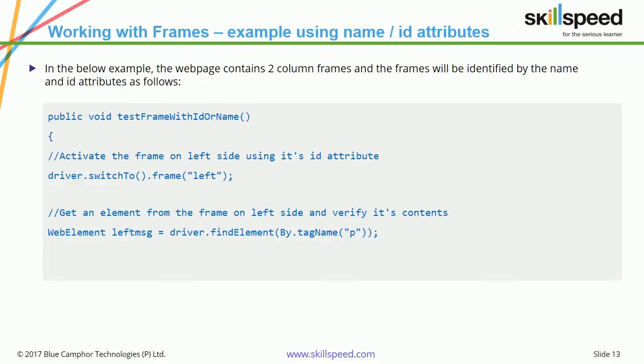This verification is happening using the statement assertEquals("This is left frame", leftMsg.getText()), which means we are verifying two different strings using the assertEquals method whether they are equal or not. So we are comparing the text "This is left frame" with the text that we are extracting from the paragraph.